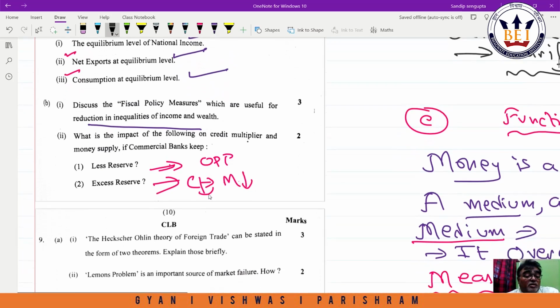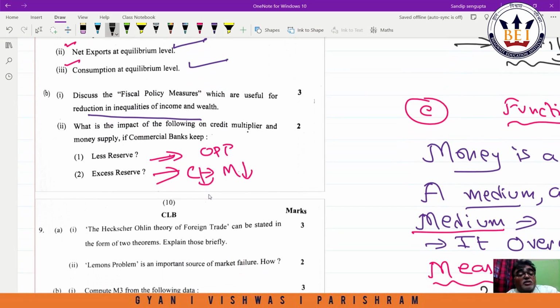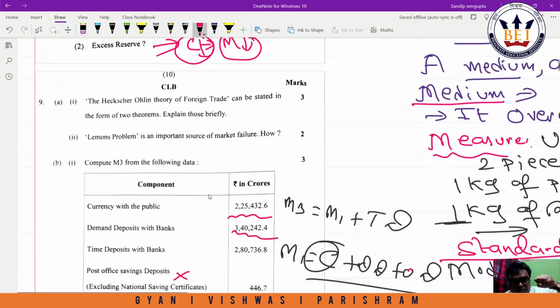In this question B2, this is a related question. Credit multiplier is nothing but 1 by CRR. So excess reserve implies credit multiplier will decrease, money supply will decrease. So obviously money multiplier also will decrease. Less reserve means opposite of excess reserve.